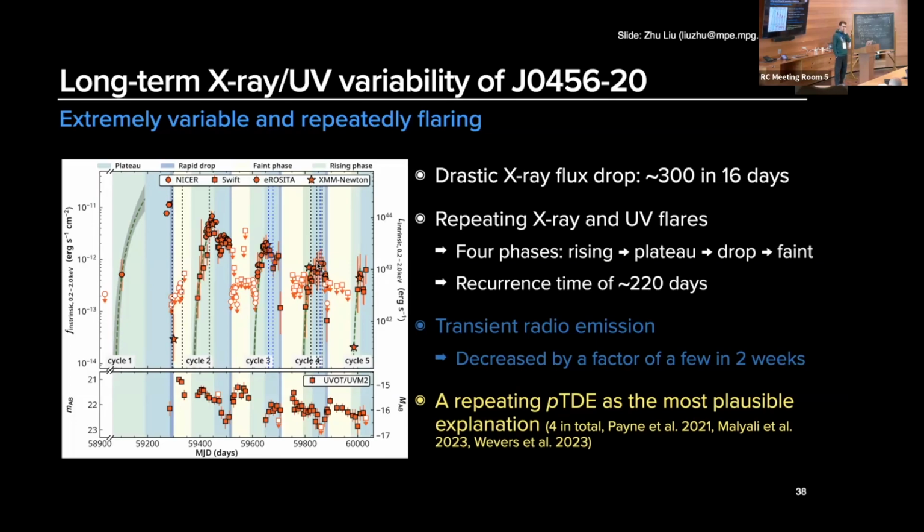Because the occupancy of the loss cone is set by the ratio of the orbital time to the diffusion time in which the orbits are repopulated, you would naturally think that the more bound the orbits, the less time there is for angular momentum to diffuse, and therefore the more likely it would be a partial disruption event. So even in that kind of sample, I'm not crunching the numbers, but qualitatively, it works out.